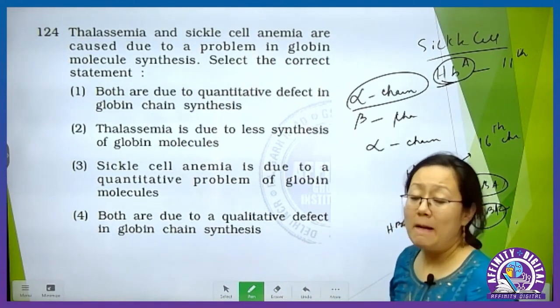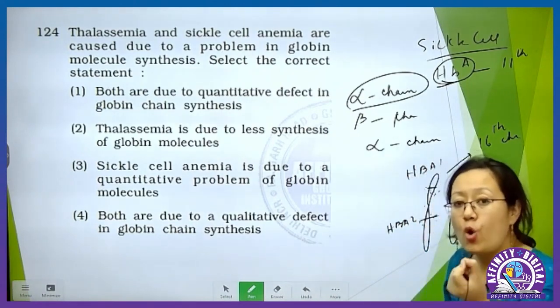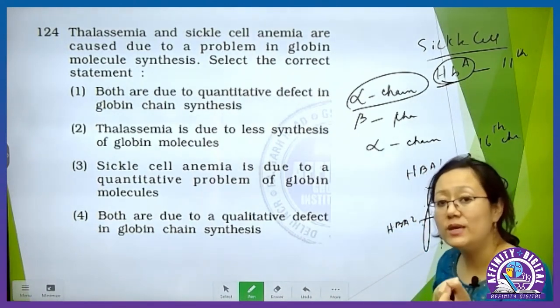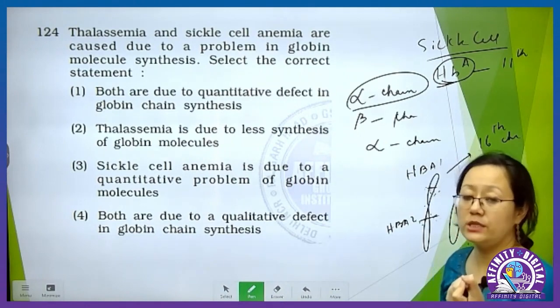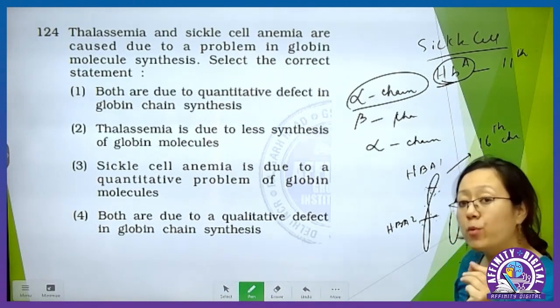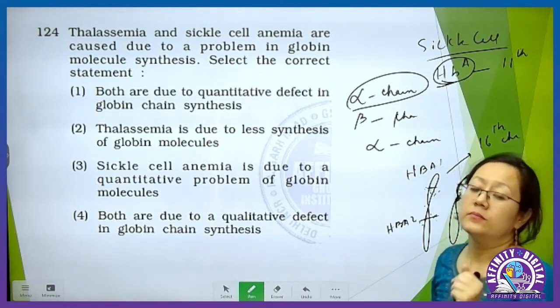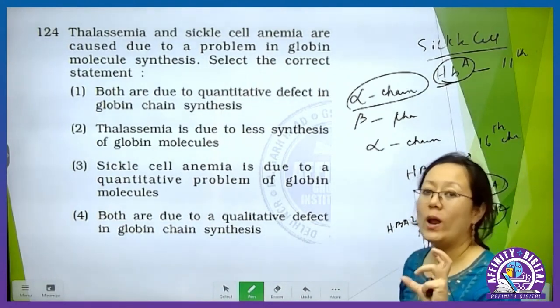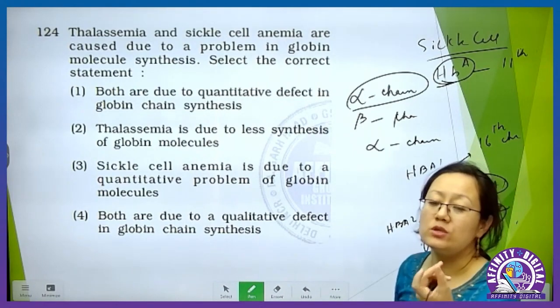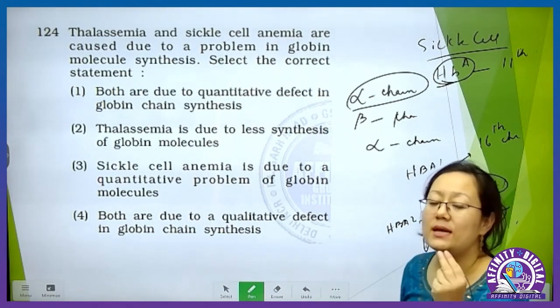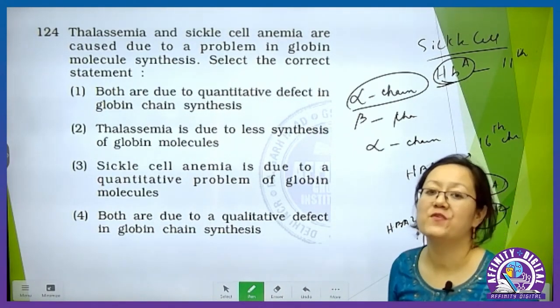But if a point mutation occurs in that HbA gene, which is a form of substitution, then the beta hemoglobin chain quality will be affected. Why? Because the 6th amino acid, glutamic acid, is now substituted by valine.